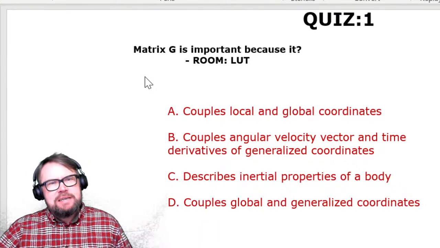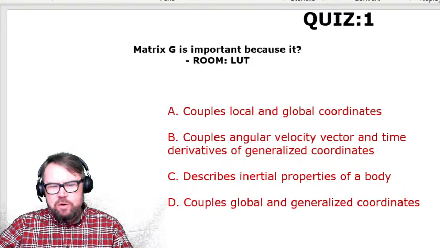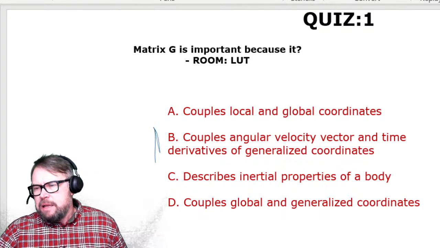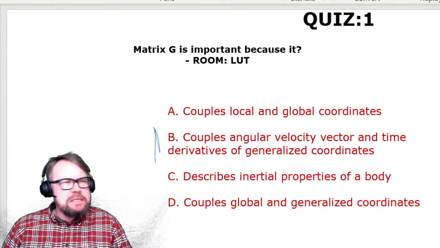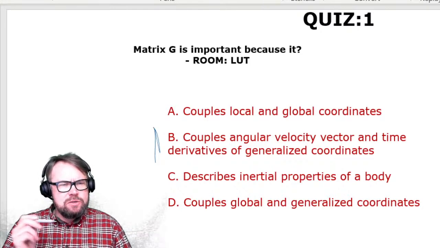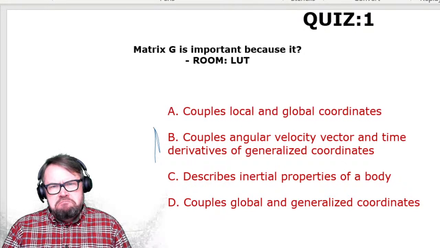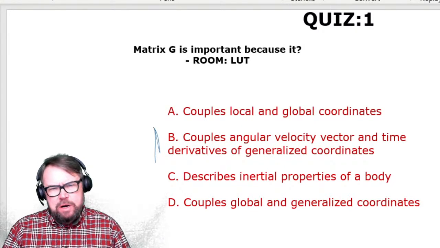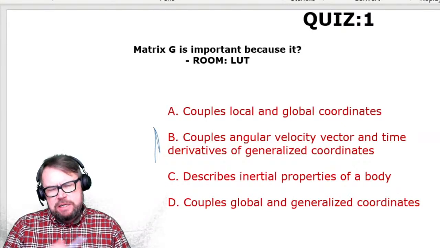So sorry about that. Now, what the G is doing for us is coupling the angular velocity and time derivatives of generalized coordinates. And this is a handy thing because, like I mentioned, it helps us describe inertial properties, because we can use any generalized coordinates associated with the rotation we want. And still we can use conventional ways to describe the inertia tensor.